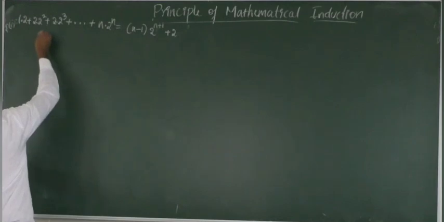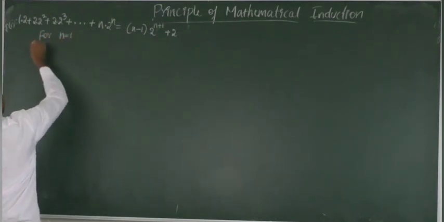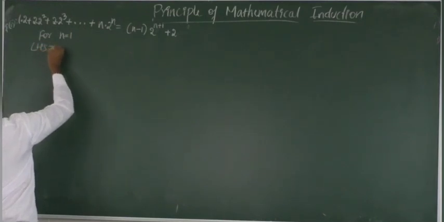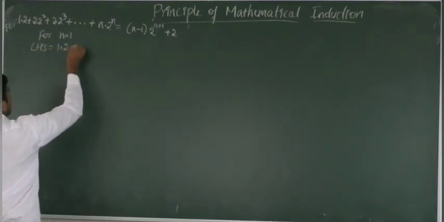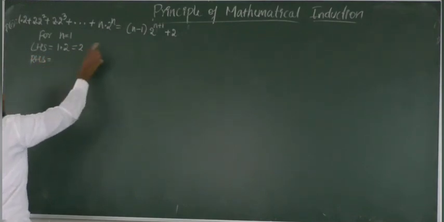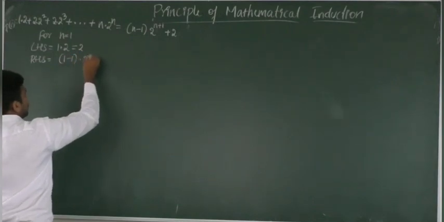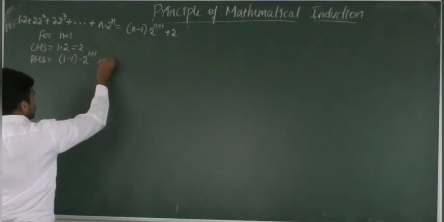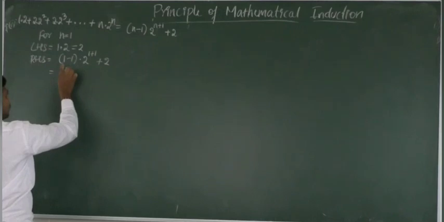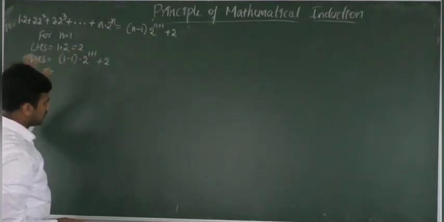Solve this question. The basic step: for n is equal to 1, the left hand side will get the first term, that is 1 into 2, which is nothing but 2. The right hand side we get by replacing n as 1, that is (1 minus 1) into 2 to the power 1 plus 1, plus 2. 1 minus 1 is 0, and 0 into 2 to the power 2 is 0 itself.